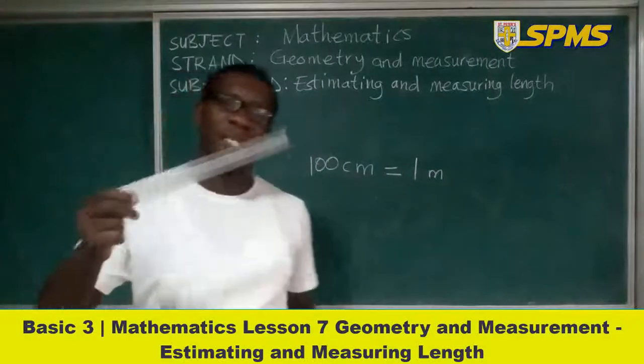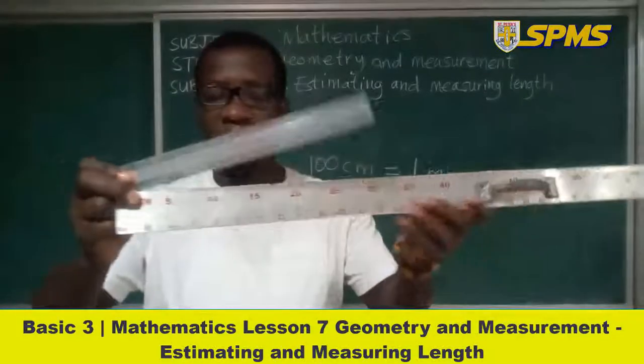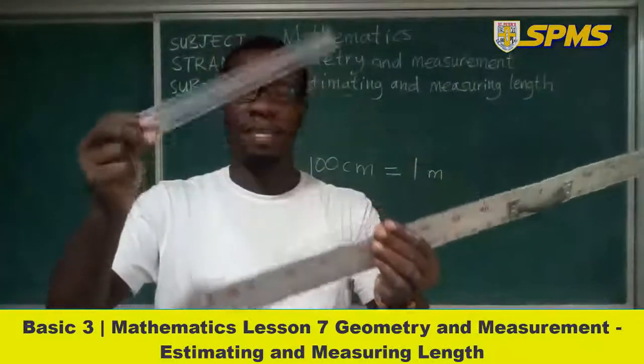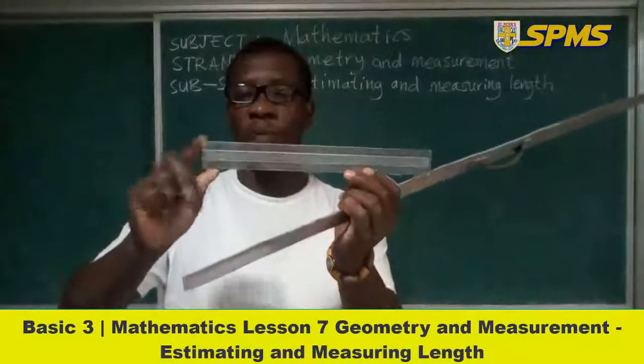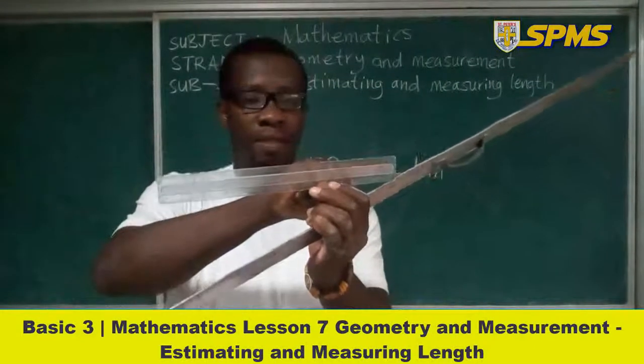If you have your centimeter rule and you place it on the meter rule, the centimeter rule counts from 1 all the way to 30.